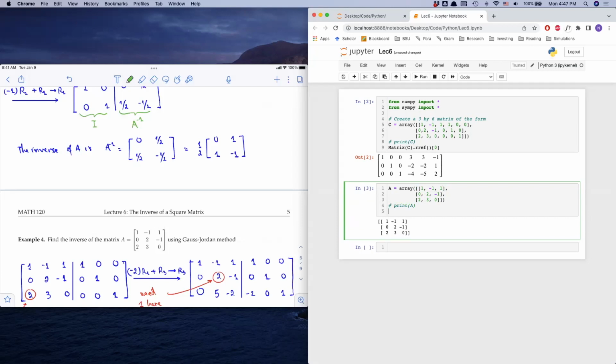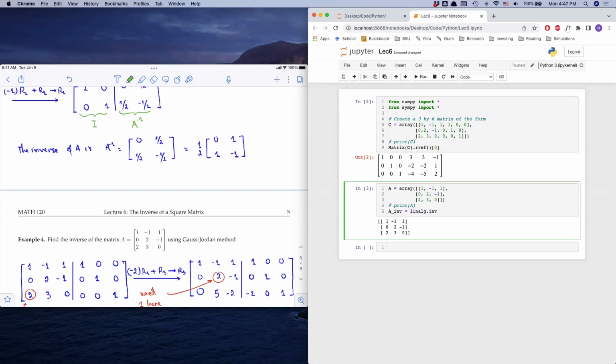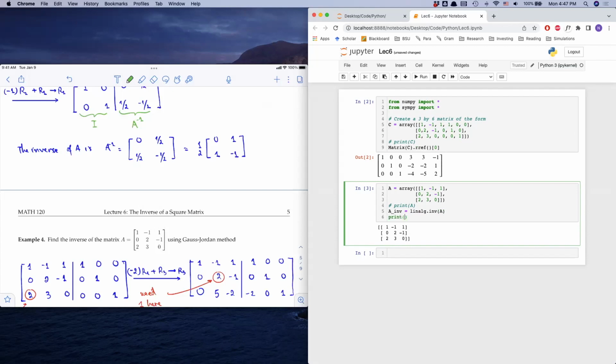The command that I'm going to use is, so I'm going to give it a name. AINV means that I want to find the inverse of A. And the command for the inverse in Python is linalg, which means linear algebra, dot inv, meaning inverse of A. And then you want to print out this particular inverse matrix.